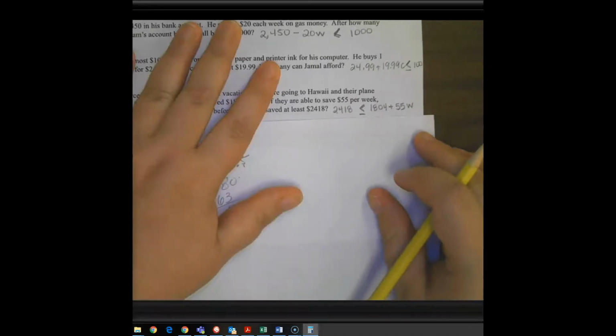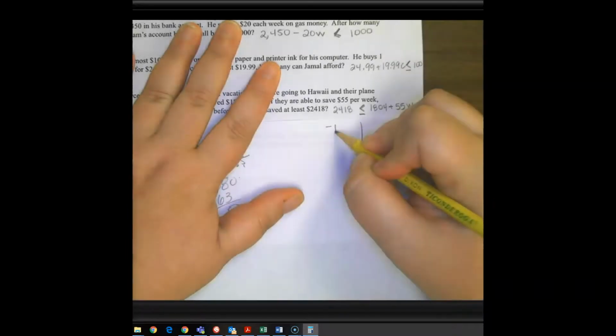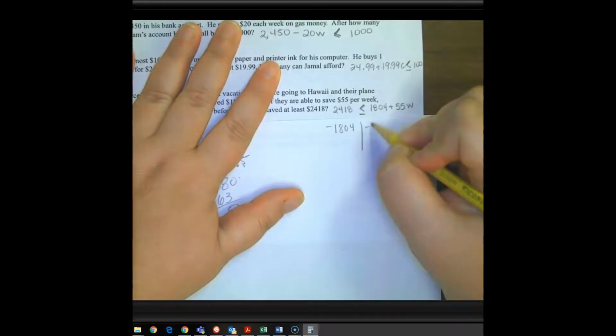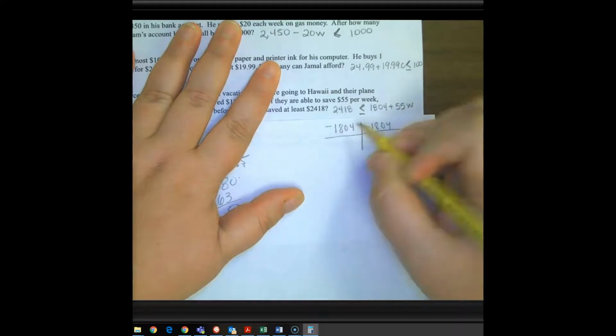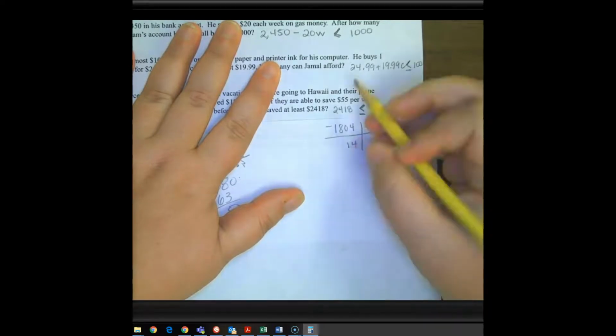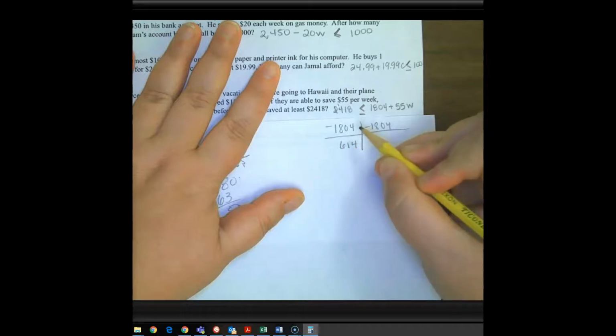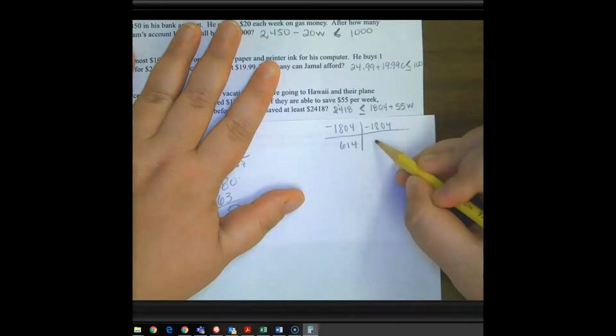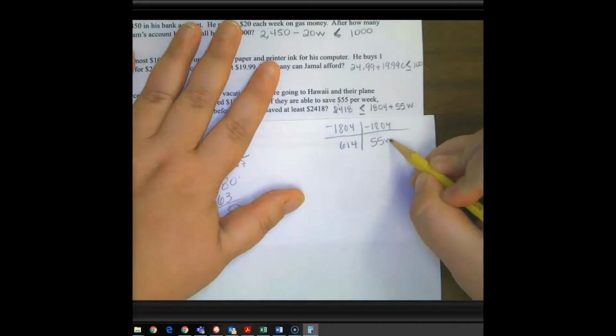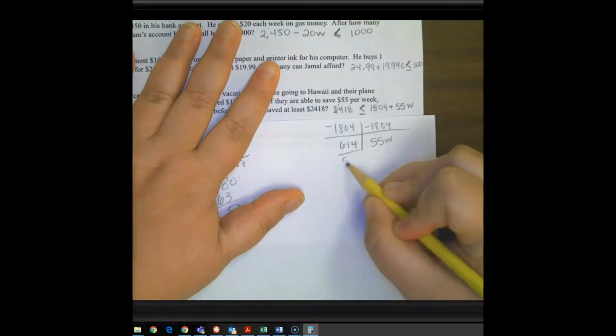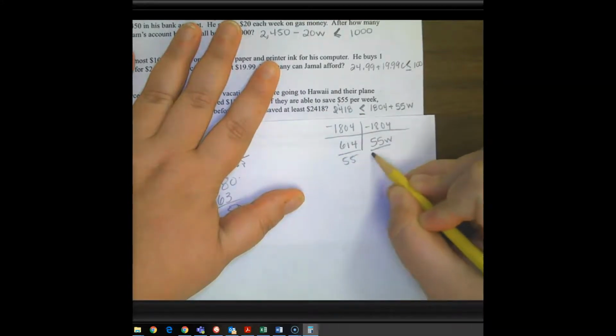So I'm going to subtract 1804 from both sides and divide both sides by 55.